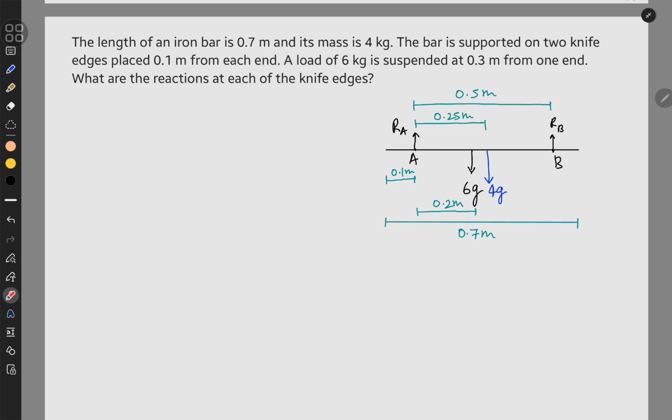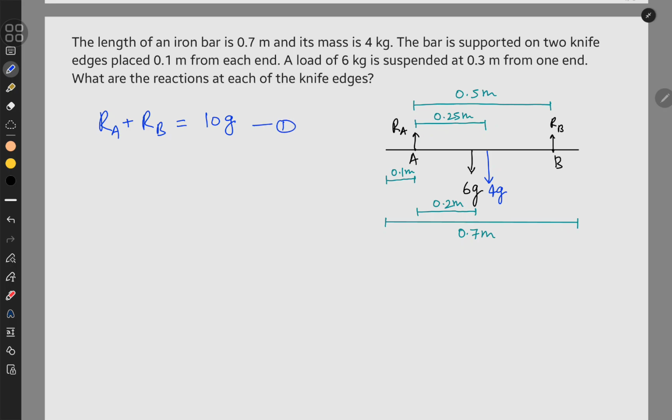Now first thing, if there are two directions, upward direction and downward direction, there are two forces acting in the upward direction, which are Ra and Rb, where Ra and Rb are actually the reactions that we need to determine, and this 6g and 4g are the downward force. So we can say that R subscript A plus R subscript B is nothing but 10 times g. This is our first equation.